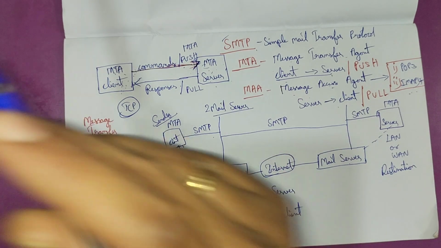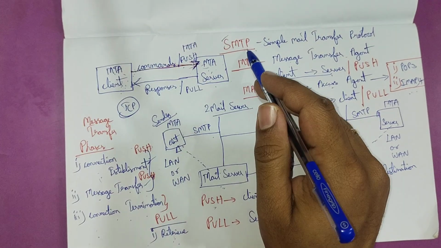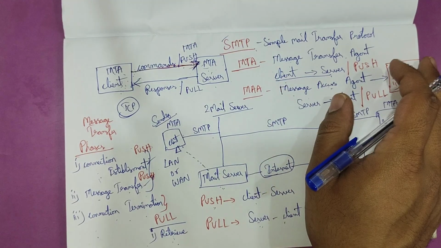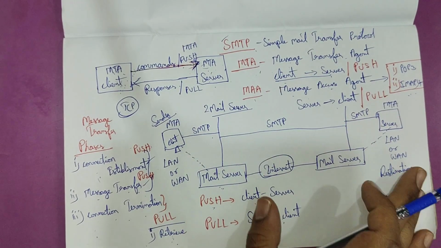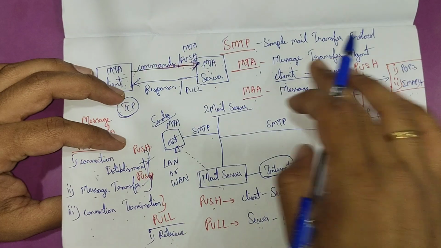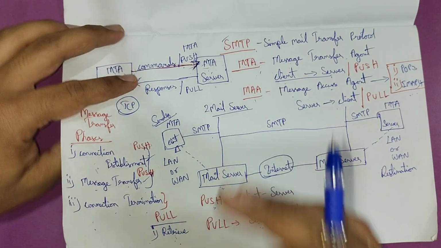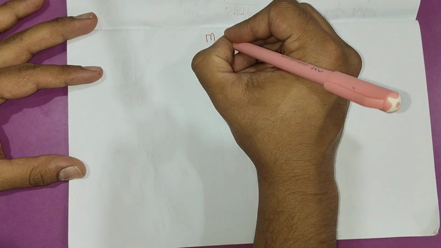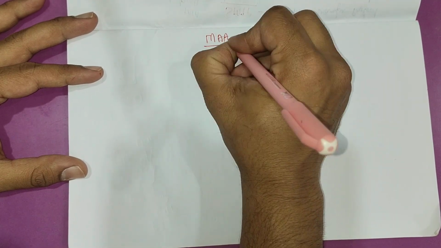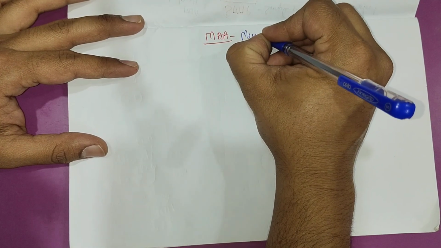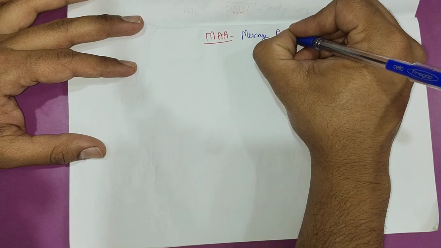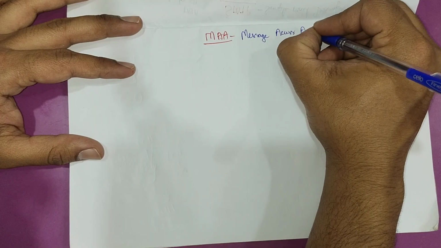In the previous video we discussed the Simple Mail Transfer Protocol, SMTP. There we saw the MTA and the MMA also. Here the MTA transfers the data. If you want to retrieve the data, we use another protocol, the MAA, that is the Message Access Agent.